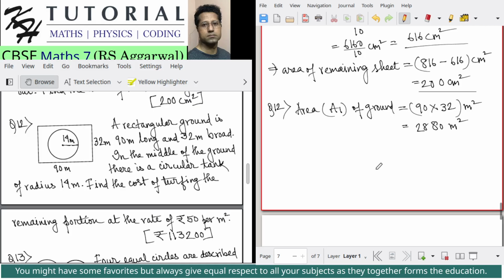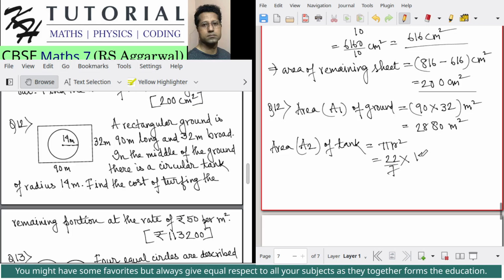Okay, so this is the area of the entire rectangular ground. And what is the area of the tank? Let's say that be A2. So area of the tank, which is circular, is equal to pi r square, and this is 22 by 7, and the radius of the tank is given to be 14 meter.